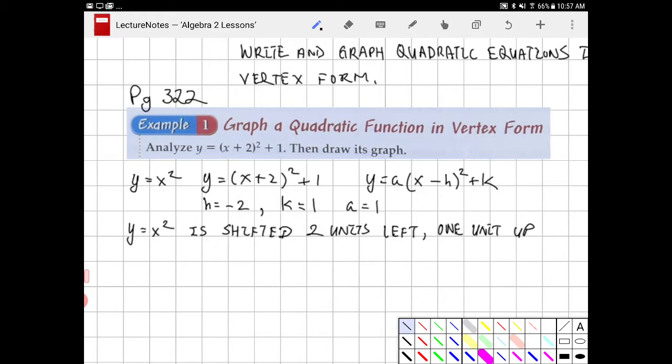The parabola opens in the same direction, so there is no vertical stretch or compression.